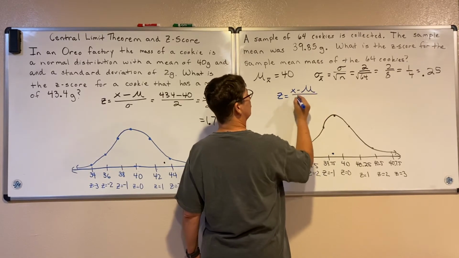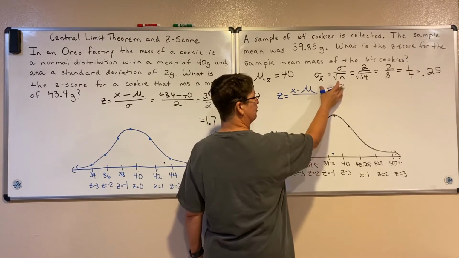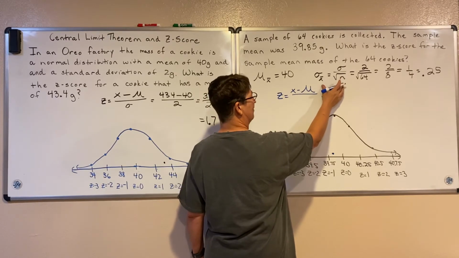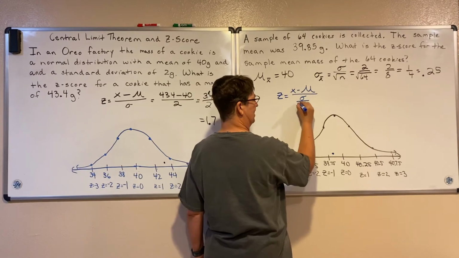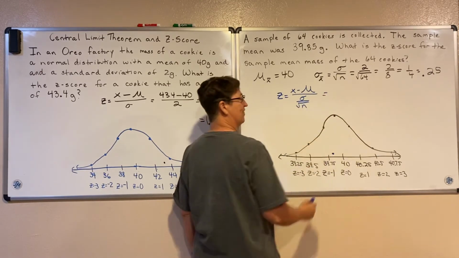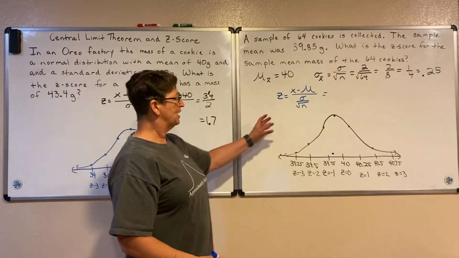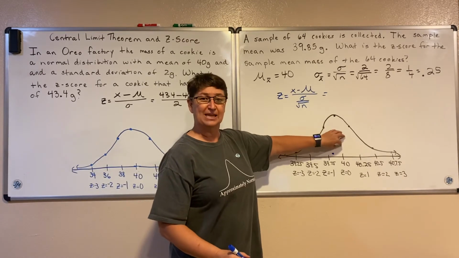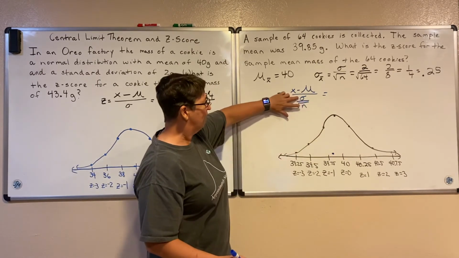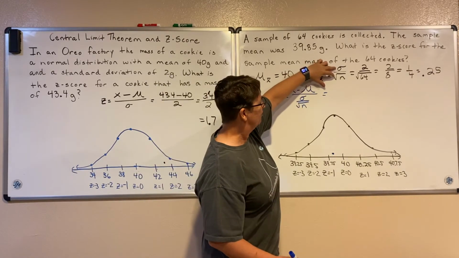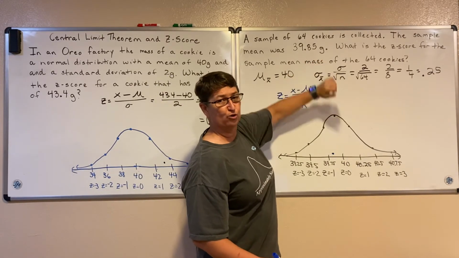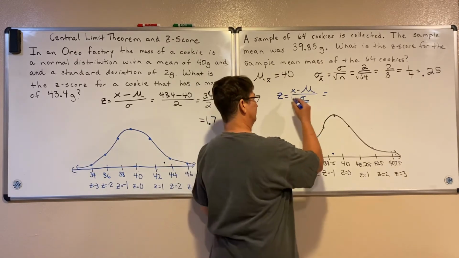But notice that when I found the standard deviation here, I took my population standard deviation and divided it by the square root of the sample size. Because I'm dealing with a sampling distribution, to find my standard deviation, I had to do the standard deviation divided by the square root of its sample size.